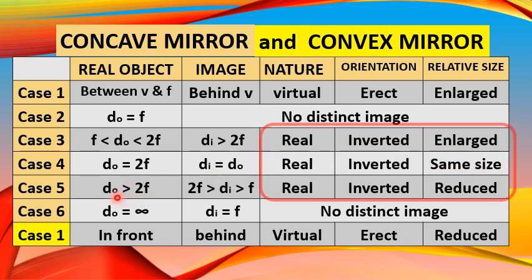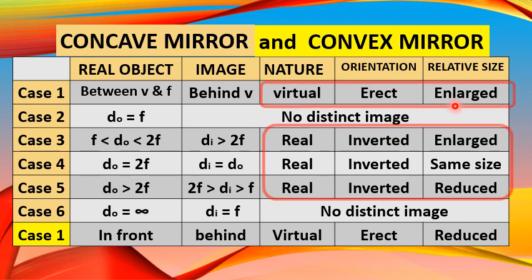But when the object is located at a finite distance beyond the radius or twice the focal length, then again, the image is real and inverted, but it is reduced in size. And case 1 is the only case where the image is virtual, but erect and enlarged.